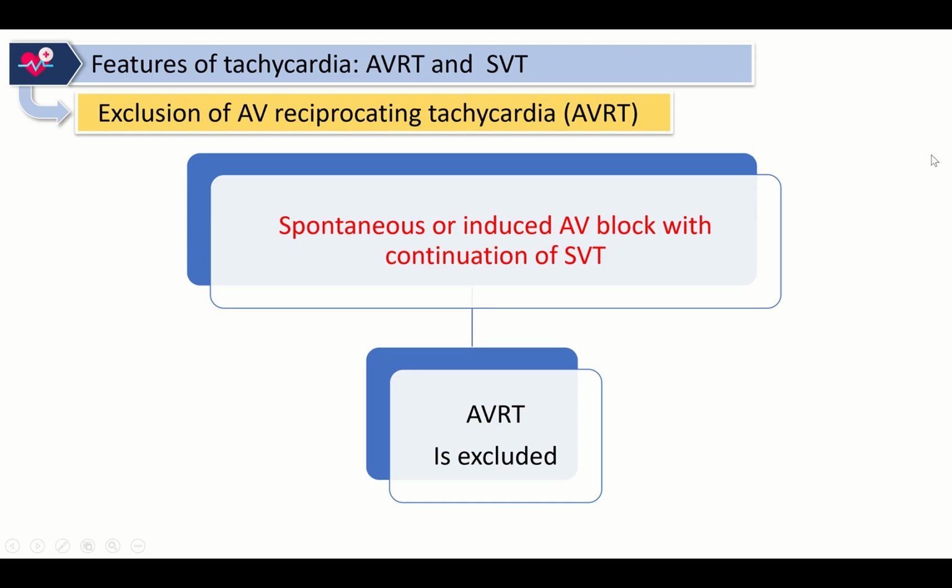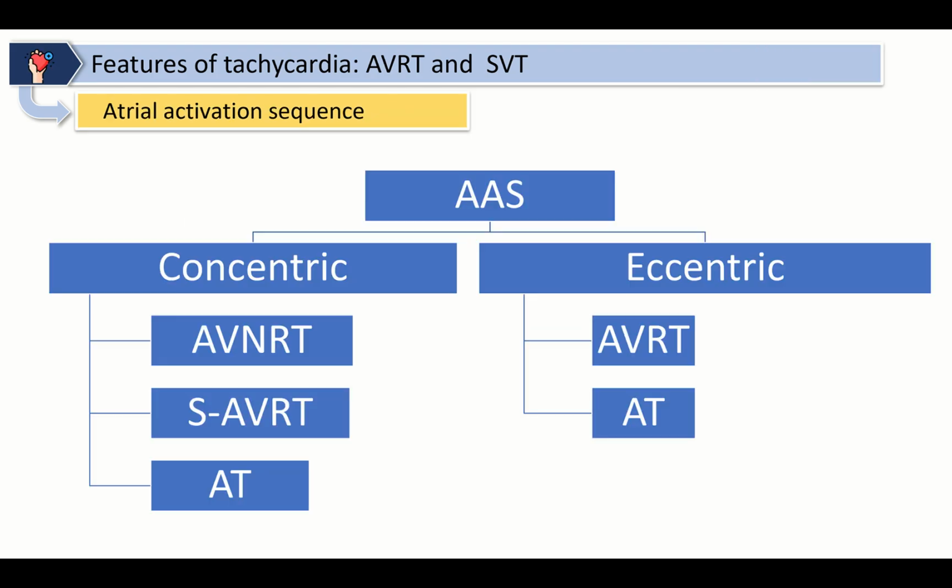Golden rule: spontaneous or induced AV block during continuation of SVT means AVRT is excluded 100% because the general rule is one-to-one conduction and it's impossible to have dissociation. So it is a golden rule. If there is dissociation, exclude AVRT. Let's go to the next golden rule.